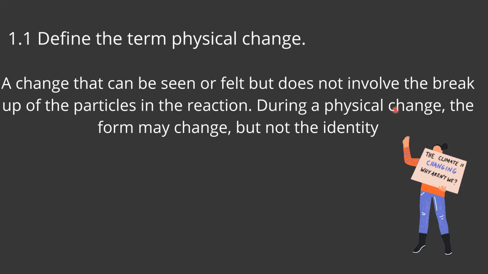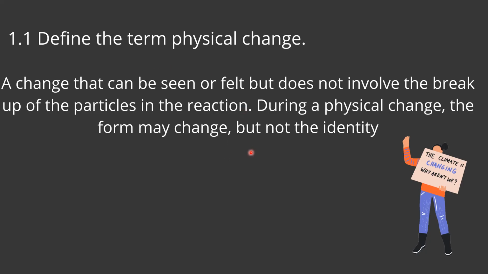During this physical change, the form may change, but not the identity. It means that there are no new substances, only the form has changed. What it looks like has changed, but the substance is still intact. If it's water, it will still be water. It may start off as a liquid and end up as a gas or steam. However, it is still water.